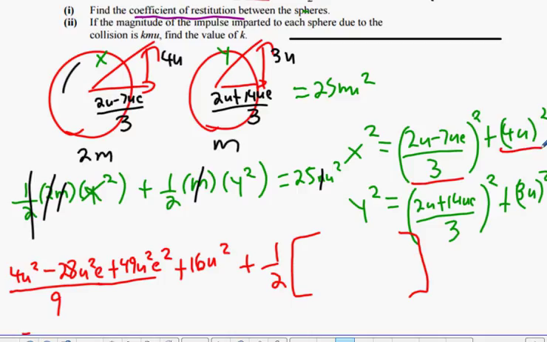I'm going to make my life easy and put it over 9: 144u squared over 9. Just fixing my denominators as I go.